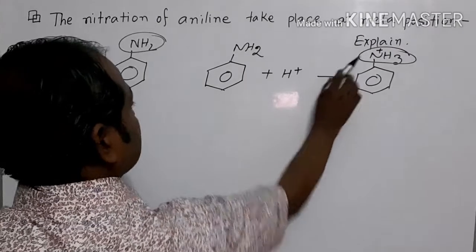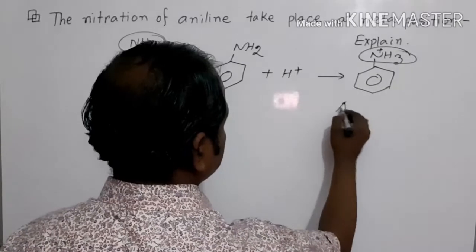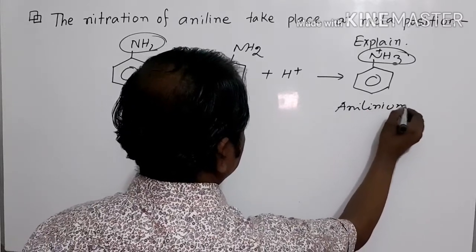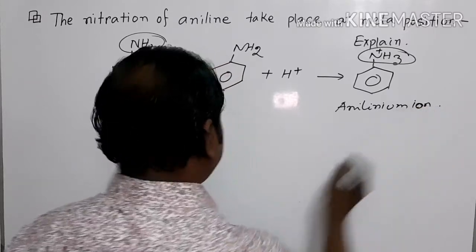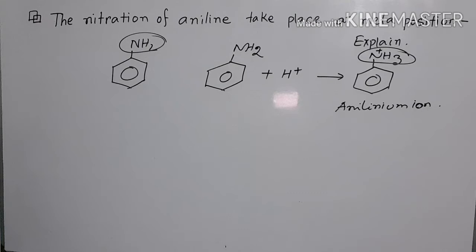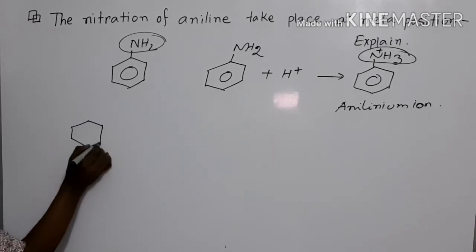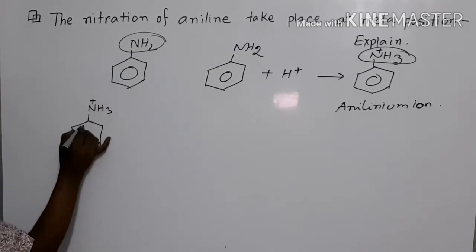Why is this group a meta directing group? If we see the resonance of anilinium ion, this one is anilinium ion. If we see the resonance of anilinium ion, then we realize this NH3 plus.